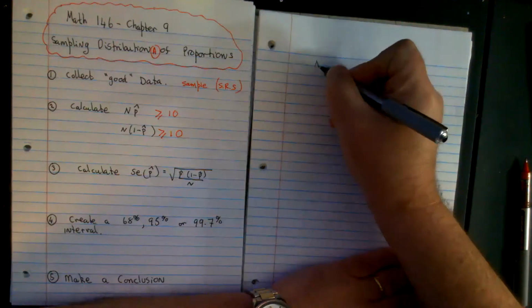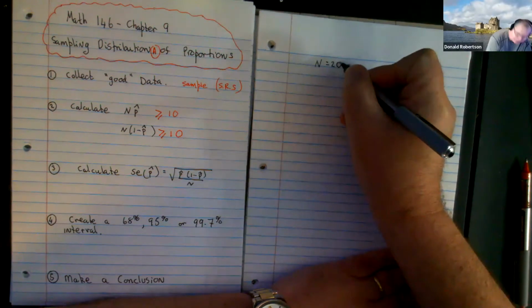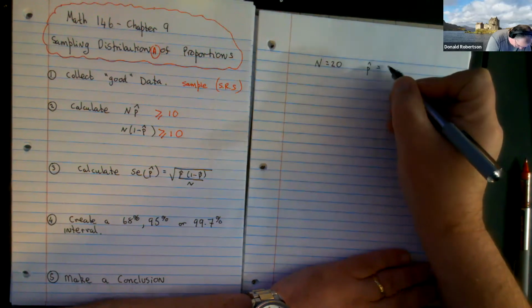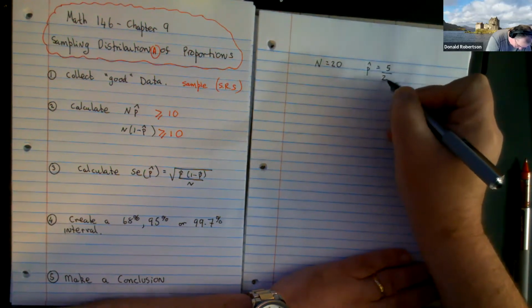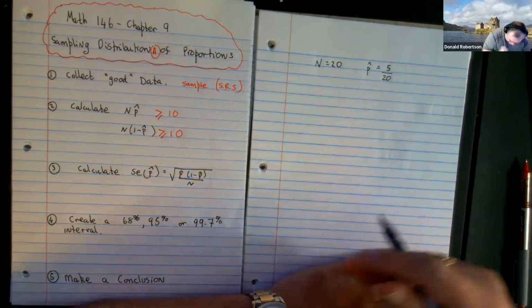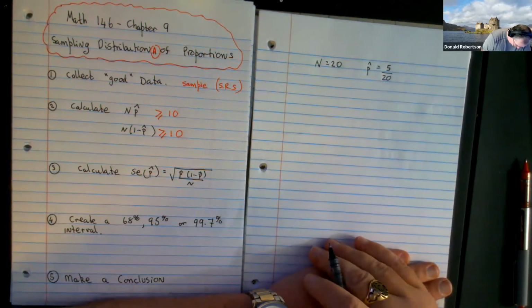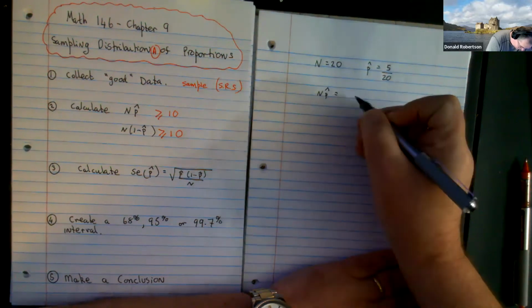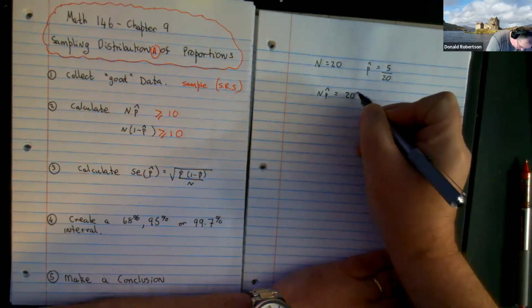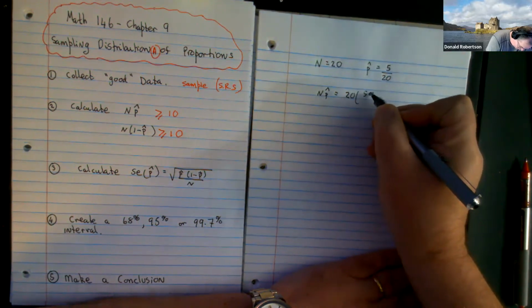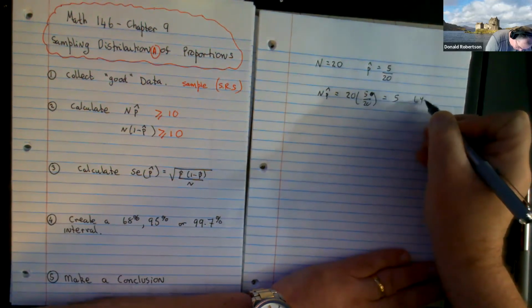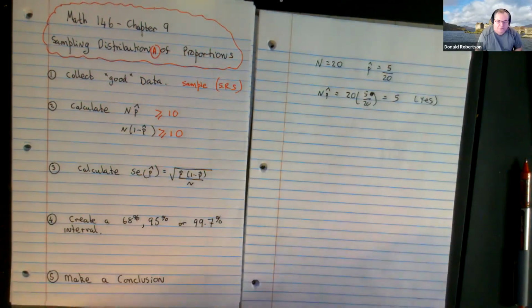So let's suppose that I do a tiny sample of 20 people. And 5 people out of that 20 said, yes, I like sci-fi movies, whatever the question was. Then n p hat, which is basically 20 times p hat, equals 5. Isn't that essentially the number of people who said yes?